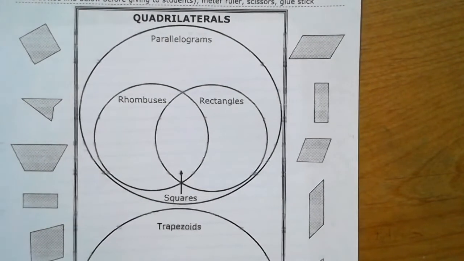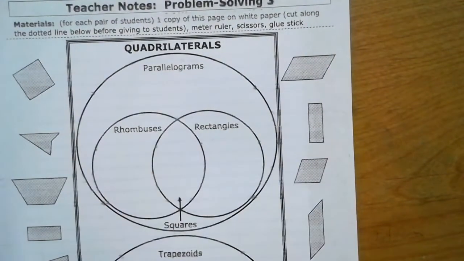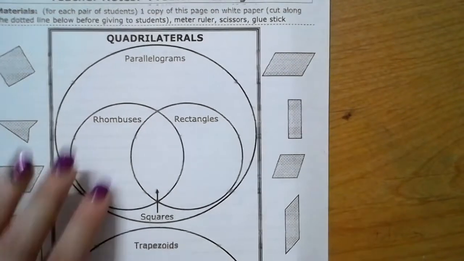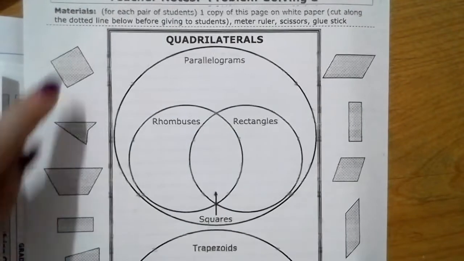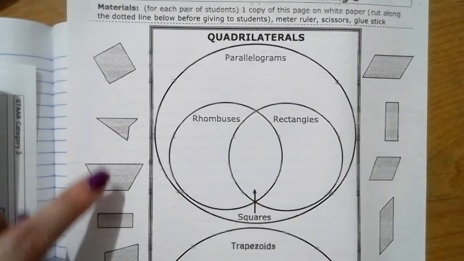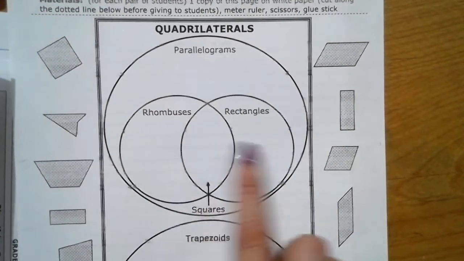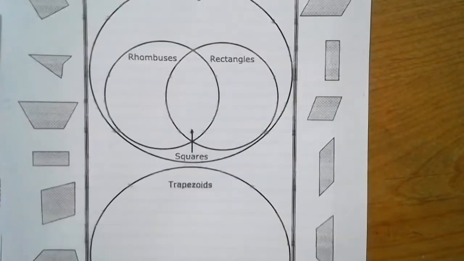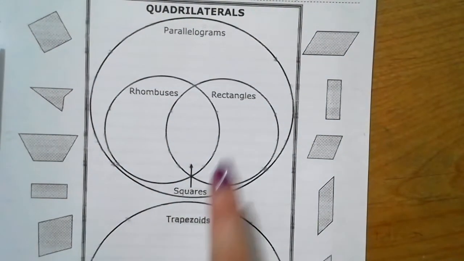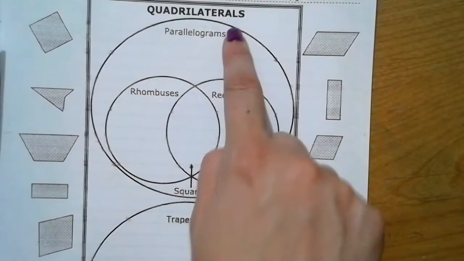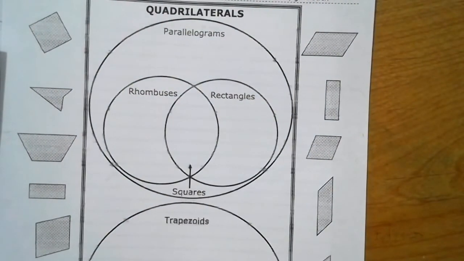So what you're going to do is cut this big rectangle out and glue it into your math log. It's quadrilaterals, okay? You're then going to cut these little shapes out neatly and glue them where they fit. Are they a parallelogram, a trapezoid, a rectangle, a square, a rhombus? Wherever they fit, you are going to glue them in.